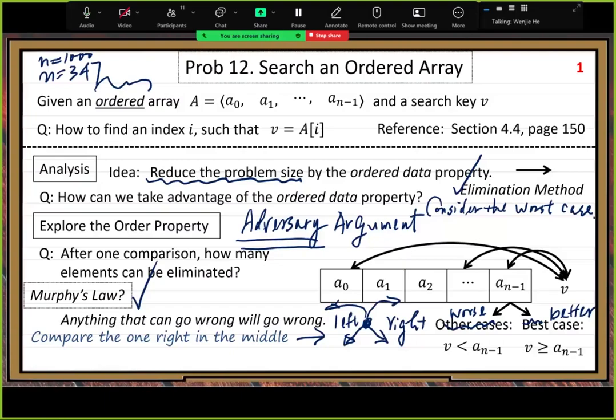So how do we use this argument? When you have many options, which one to pick? You ask your adversary, which one would you like to give to me? A smart adversary would always give you the worst case, not the best case.